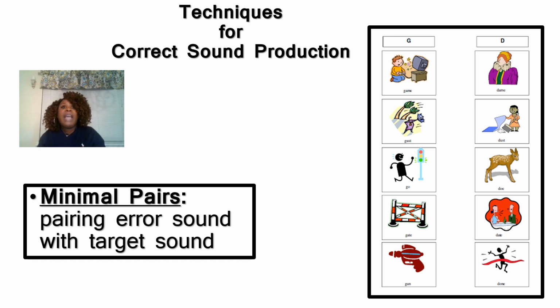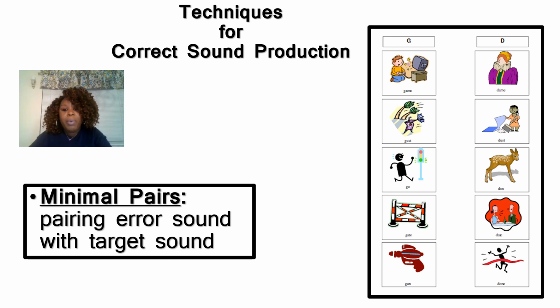They're saying the D sound, but you want them to say the G sound. So you pair them together so that they can feel the difference between the two sounds, okay? The only difference between each word is the beginning sound, but what the words sound like on the end is the same, okay?